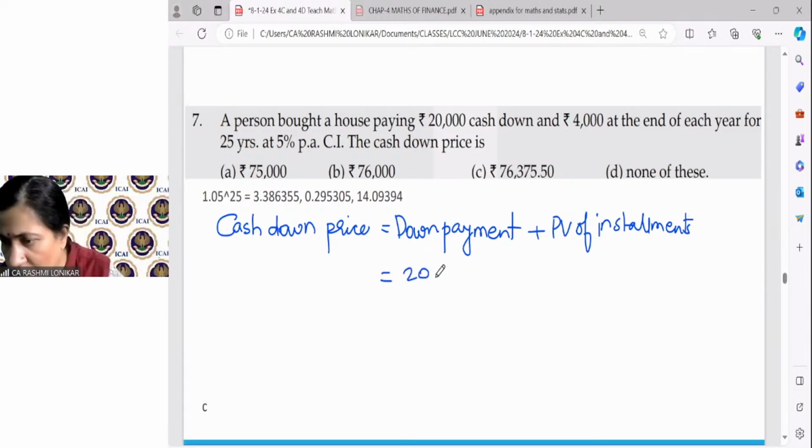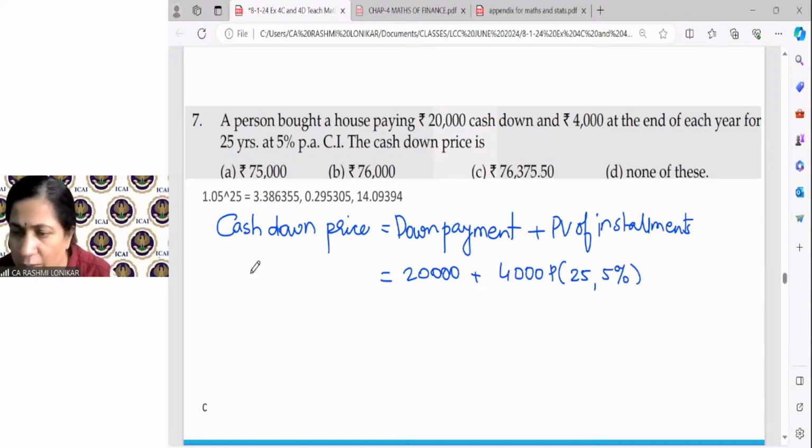So how much is the down payment? Down payment is 20,000 plus I have to find the PV of the installments at the end of each year. Okay. So 4,000 rupees into P of 25 years and 5%. Okay.